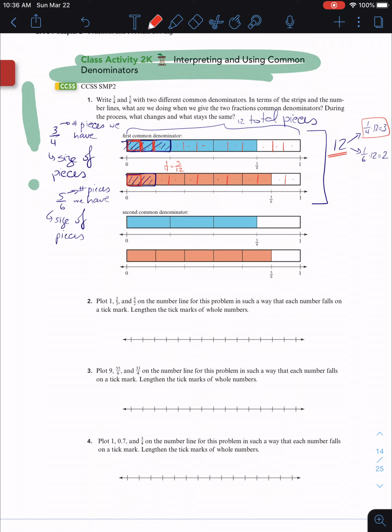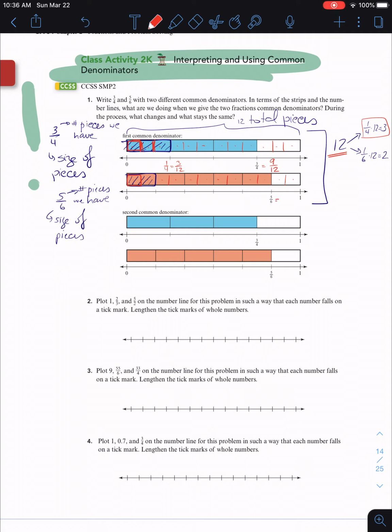So now, if we're comparing 12ths, how many 12ths is 3/4? Well, we cut the pieces, we made the pieces 3 times smaller, so they're now 12ths. Now, when there were 3/4, 3 of the large pieces, wouldn't there now be 9 of the small pieces?